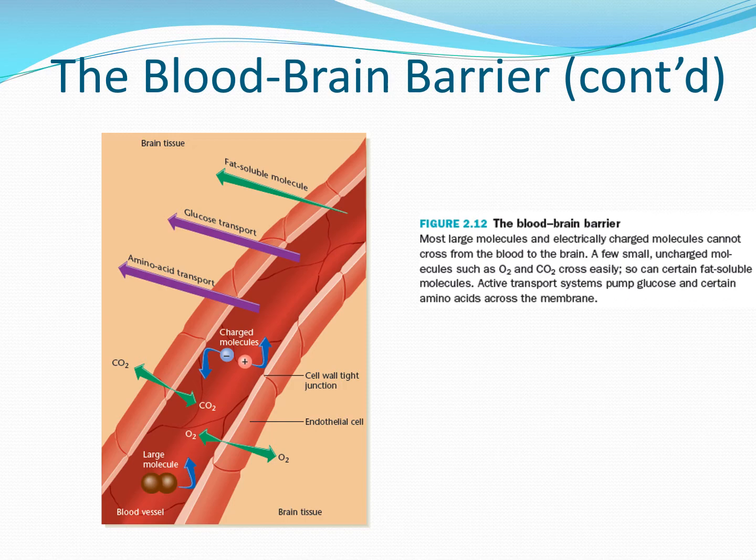It takes energy to transport glucose to the brain. And we also have what he calls here an amino acid transport. This transports actually several things, amino acids, some hormones, vitamins, and so forth, to get those things that the brain needs into the brain.